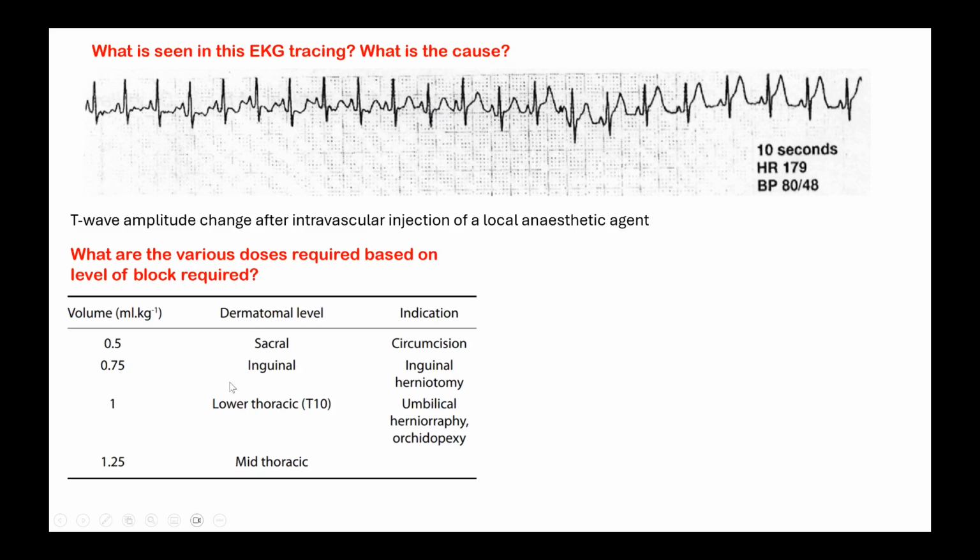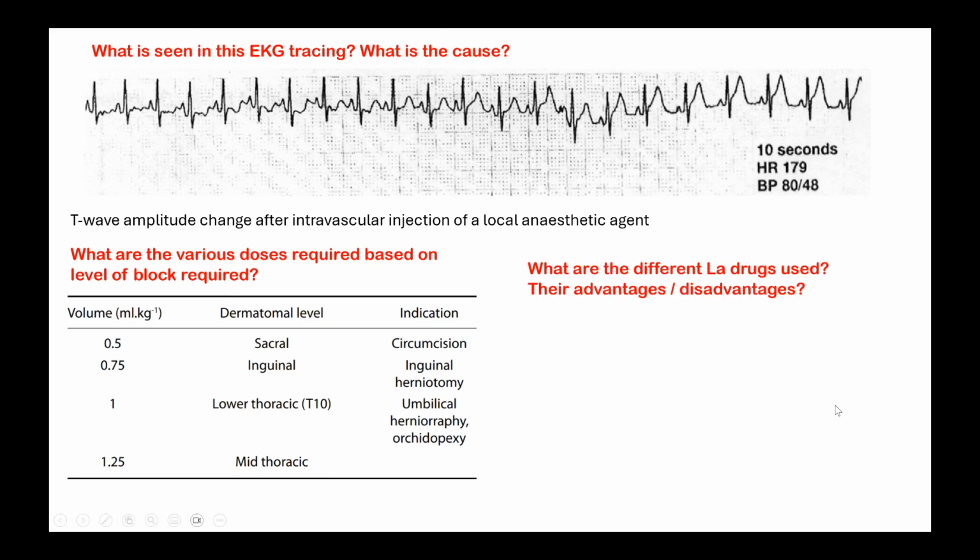For lower thoracic, that is up to the umbilical level, T10, you require 1 ml per kg. And if it is higher than that, you have to use 1.25 ml. But when you use more than 1 ml, you have to reduce the concentration further from 0.25 to 0.125 or 0.2, like that, so that you don't exceed the total safe limit, which is 3 milligram per kg body weight.